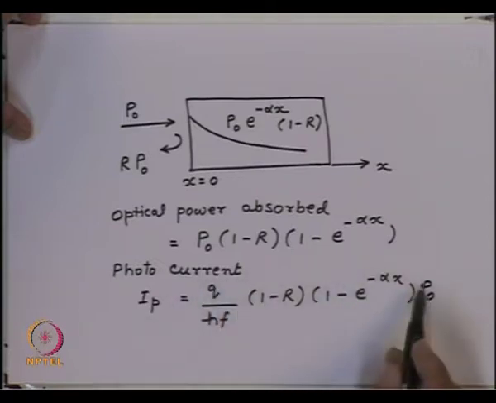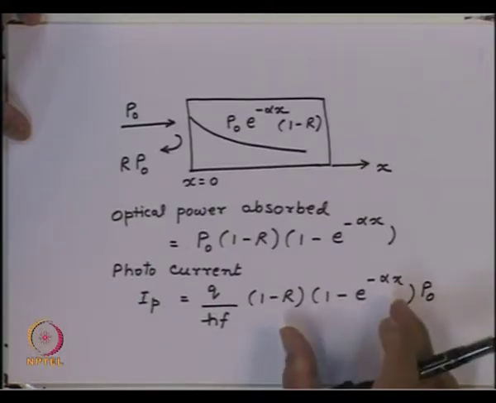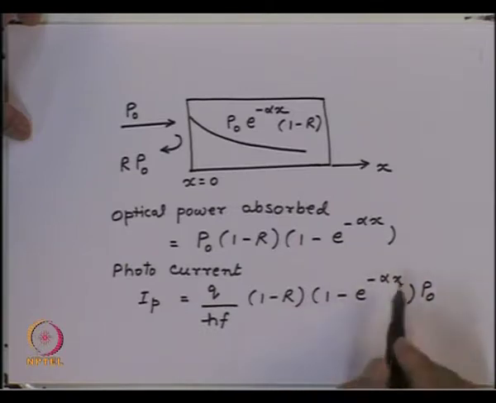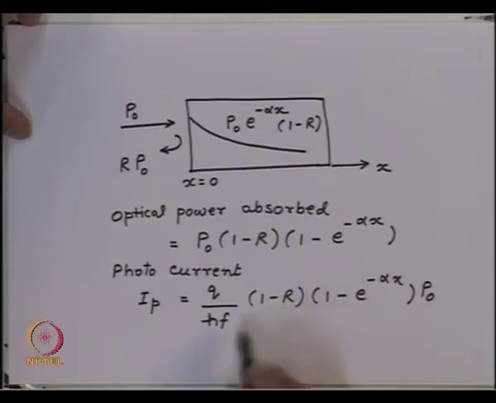So, for a given device, this quantity is constant. The size of the device, that is the x over which the absorption is taking place, is fixed. The reflection coefficient, which depends upon the refractive index of the material, is fixed. For a given wavelength, the frequency of light is fixed, so f is fixed. h is Planck's constant, which is a universal constant.